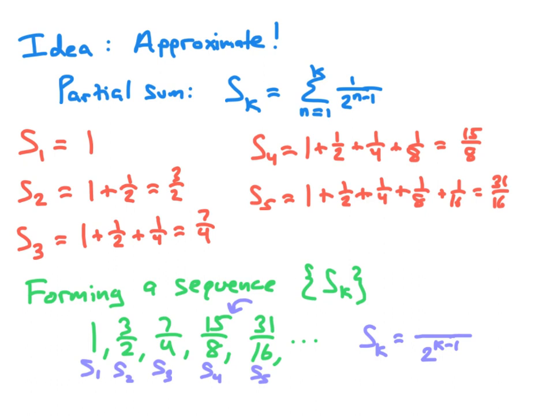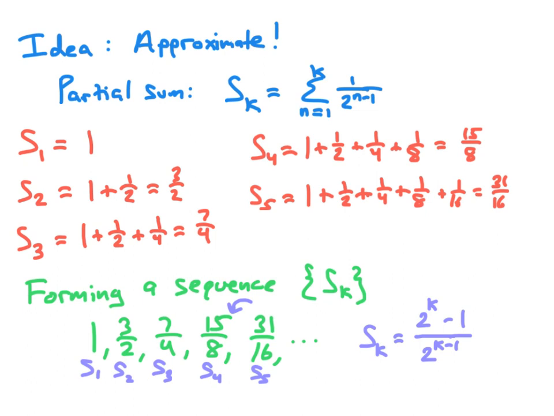And so in our numerator, we're going to start with 2 to the k and then subtract 1 from that number. Again, if we look at S sub 4 in this formula, we're going to have 2 to the fourth, which is 16, minus 1, which is 15. And so S sub 4, according to the formula, would be 15 over 8, which is exactly what it is.